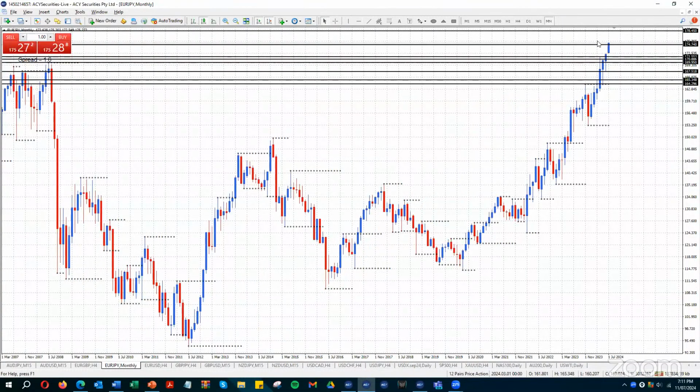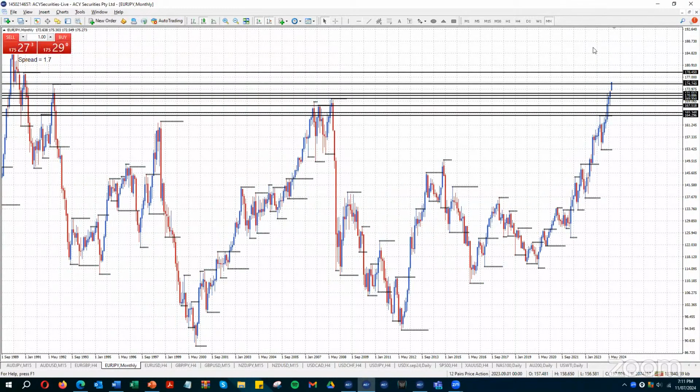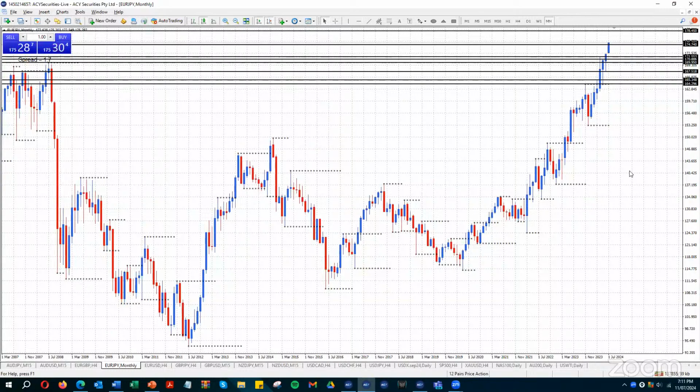We're trying to hold above 174.74, which is a high back over here. So it's a one-way street at the moment, but just noticing 174.74, if we start to withdraw back below there, we might get a short-term reversal.